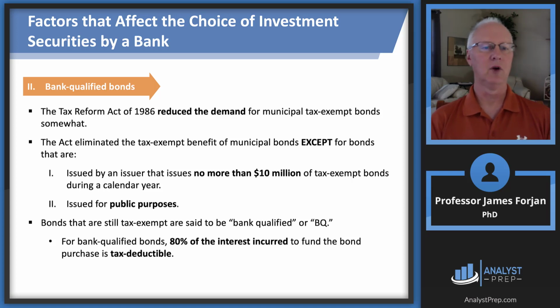So look at the Roman numeral 1 and 2. Issuers that issue no more than 10 million of tax-exempt bonds during a calendar year, and they have to be issued for public purposes. And if that is true, then they become bank qualified. And so what that means then is that 80% of the interest is tax deductible.